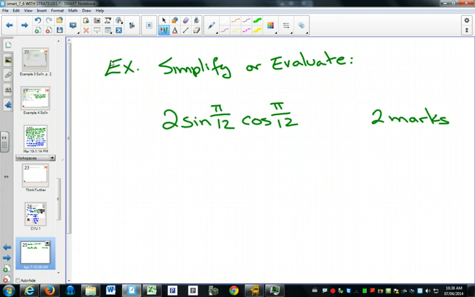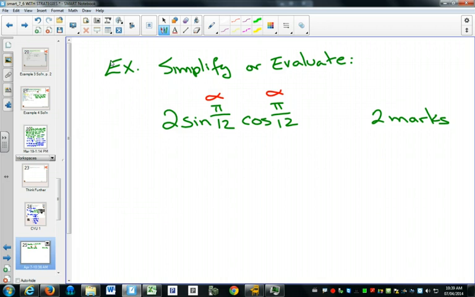Sam, if you use the formula we just learned, it turns into sine of 2 pi over 12, which if you simplify is sine of 2 pi over 6. So if we look at this, and she's saying if we think of those as both alphas, then what we really have here is 2 sine alpha cos alpha.